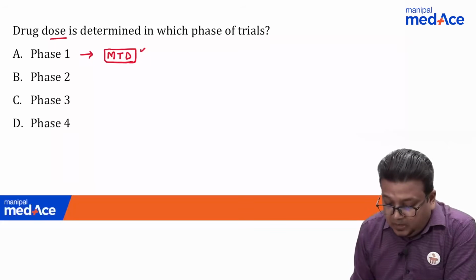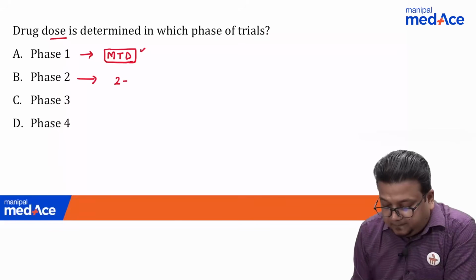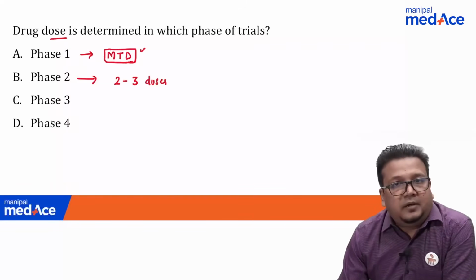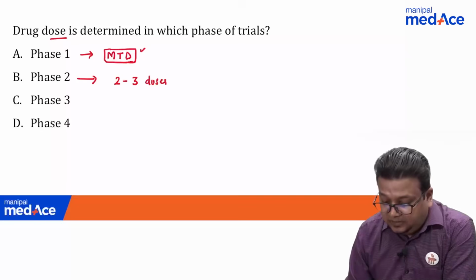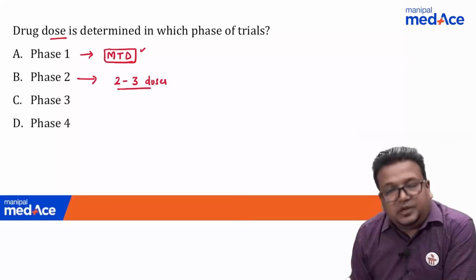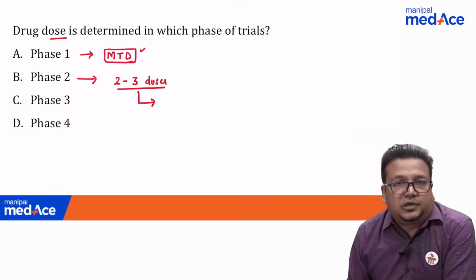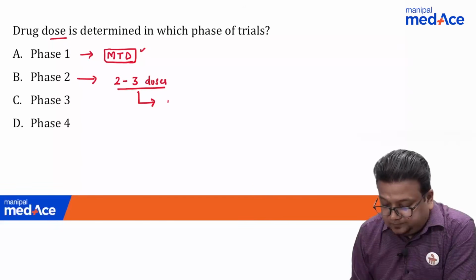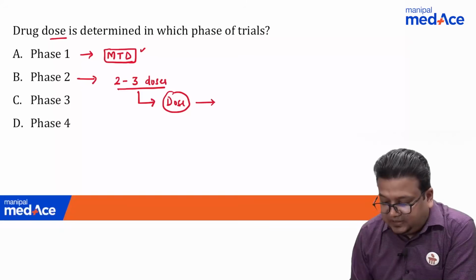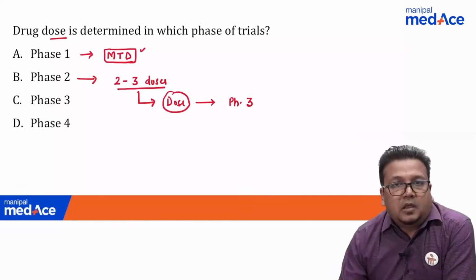So what happens in phase 2? We test 2 to 3 different doses of the drug in different subgroups of patients, and out of these 2 to 3 different doses, the dose that shows the best result is selected, and that dose is then confirmed in larger patients in phase 3.